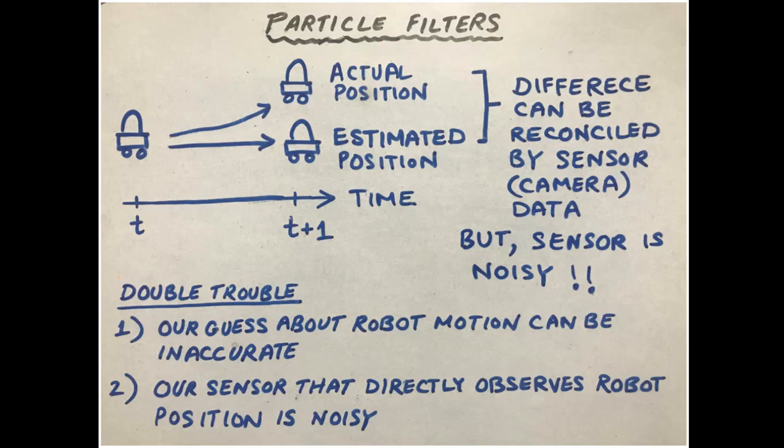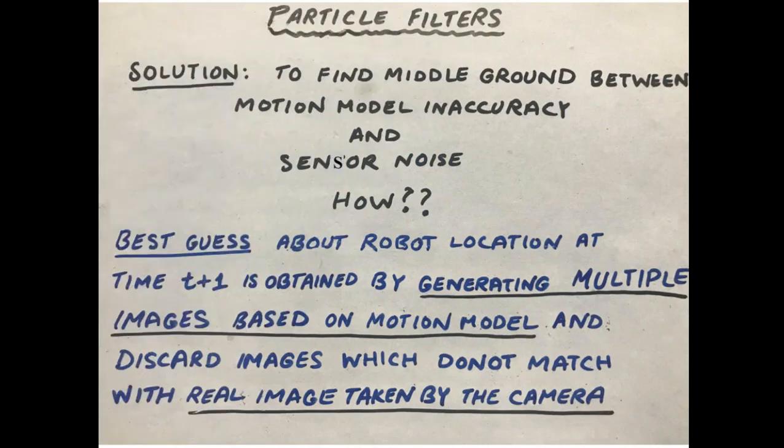The second problem is that our sensor can be noisy, and because the sensor is directly observing the robot position, we want it to be as accurate as possible. But in reality, the sensor information which we would have liked to use to refine our guess may also be less accurate. So what the particle filter does is that it helps us find a middle ground between the motion model inaccuracy and the sensor noise.